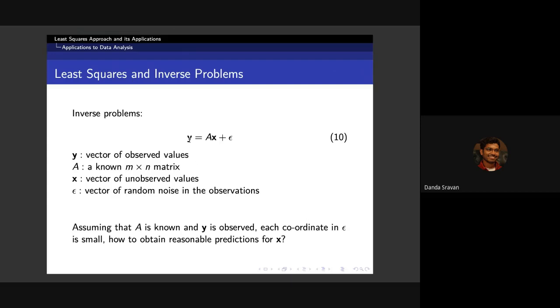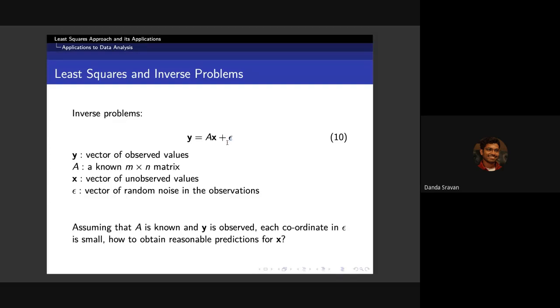I have some machinery, and I know that I can only observe this particular vector. The values that we observe are y, and A is a known matrix, in the sense that although the original value is x, I am able to observe this particular quantity. This epsilon comes from some kind of measurement errors or errors caused in the environment.